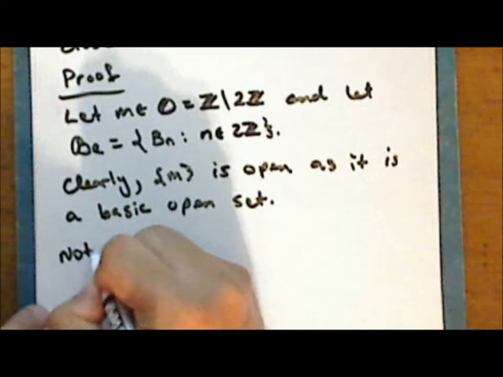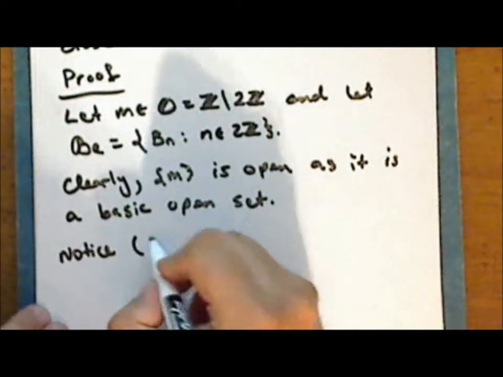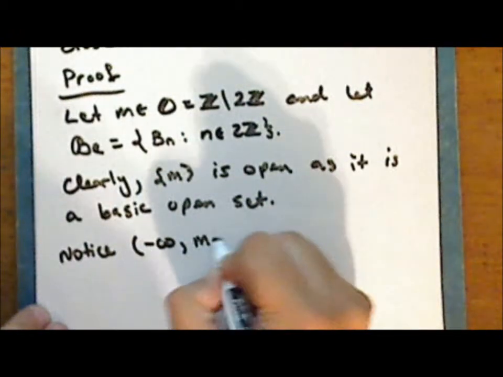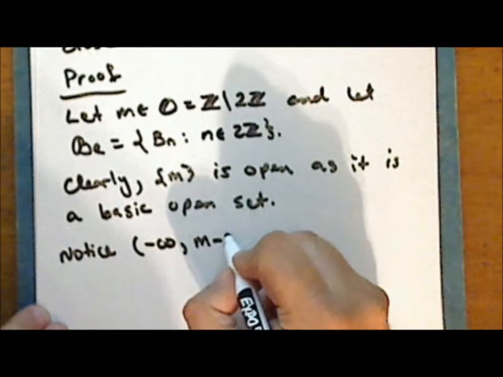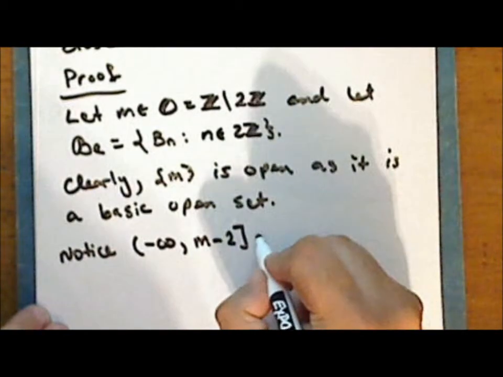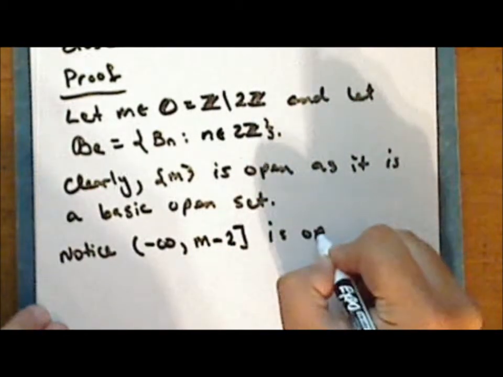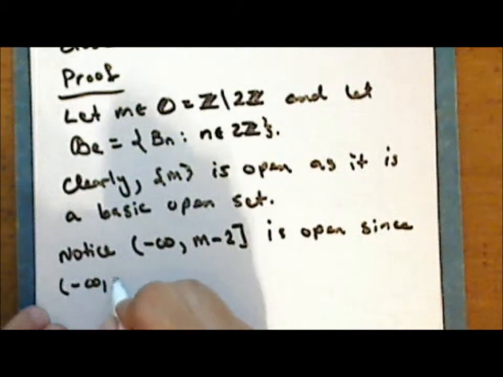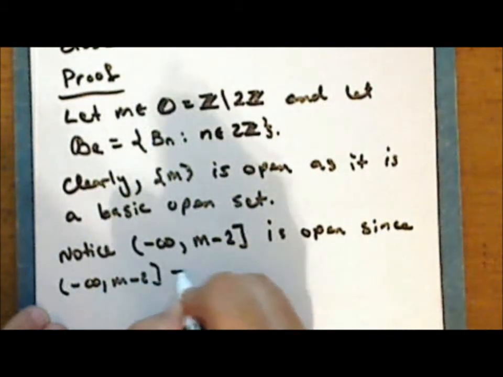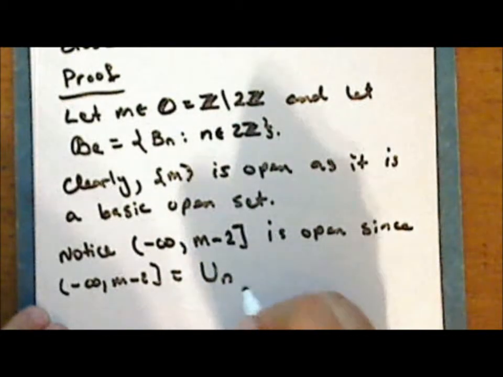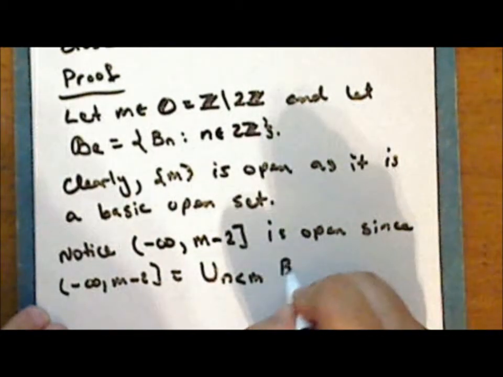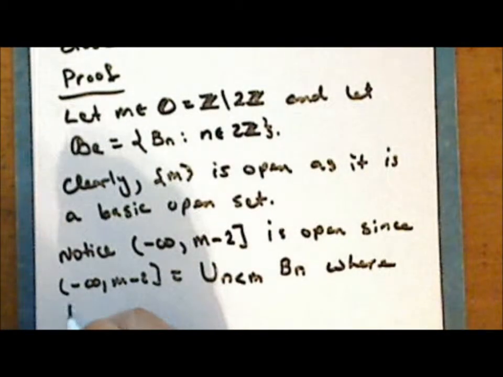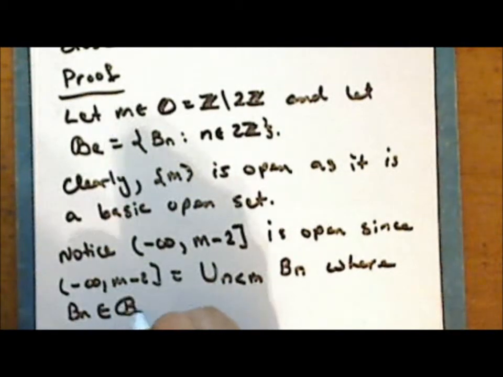Now notice that the set of all integers less than or equal to the odd integer m minus 2 is open, since this set is the union for n less than m of the elements B sub n, where B sub n is in the collection script B sub E.